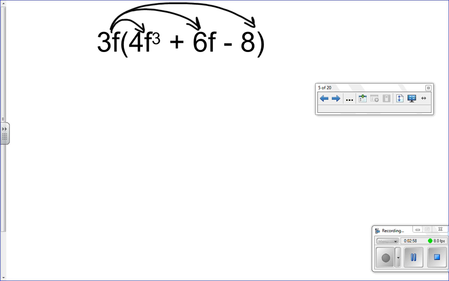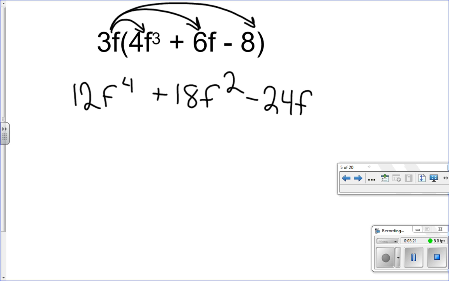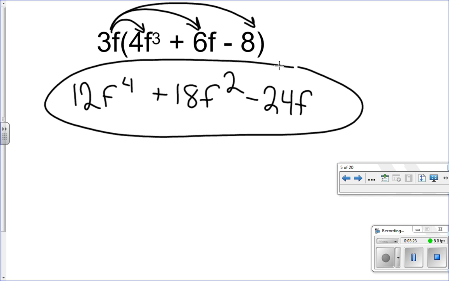So 3 times 4 is 12, and f times f cubed is f to the fourth, plus 18f squared, and then 3f times negative 8 is minus 24f. And that's the final answer.